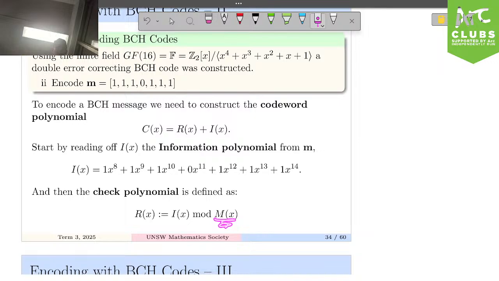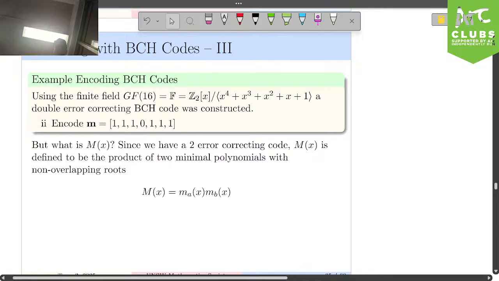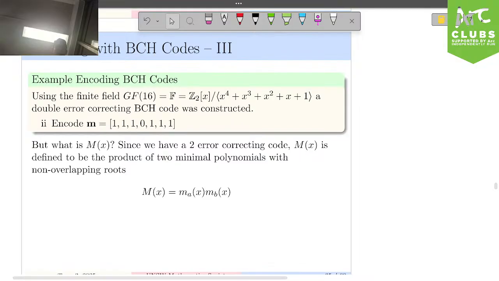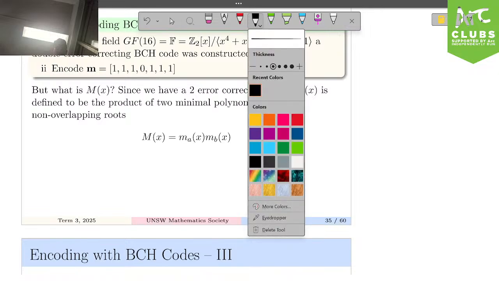So what is m of x? We're going to multiply two minimal polynomials with different sets of roots. This one is going to have root alpha, and this one is going to have root beta. So we have to find two minimal polynomials with different sets of roots. How do we generate one of them? We can say we want this minimal polynomial to have a root gamma.